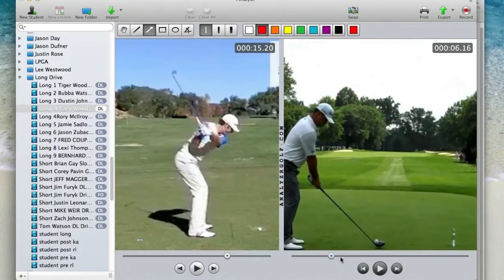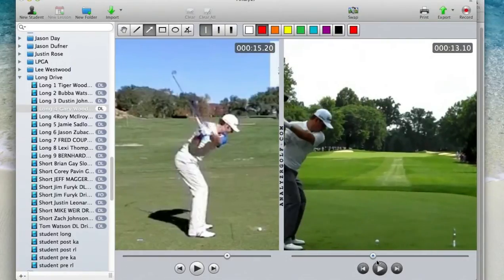Now we've got Gary Woodland, who was also highly ranked in terms of club head speed last year. We'll see if we can get him a little bit more centered.